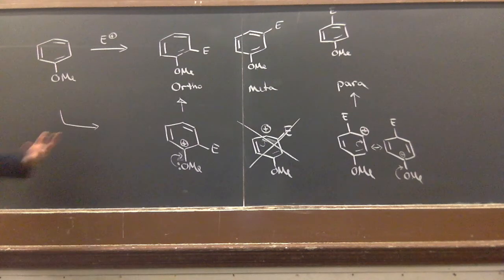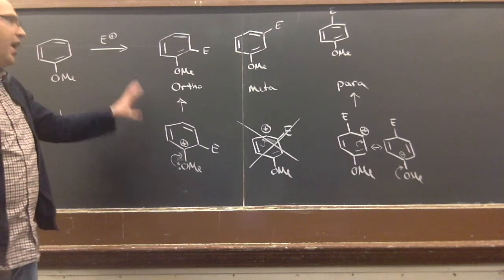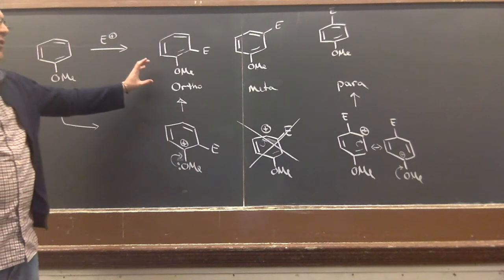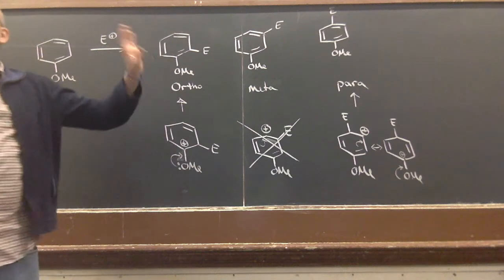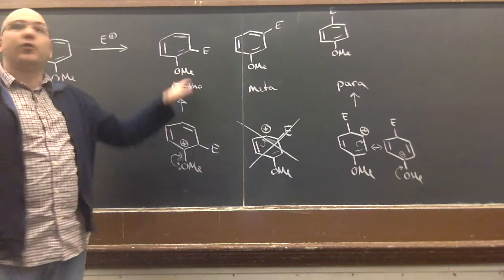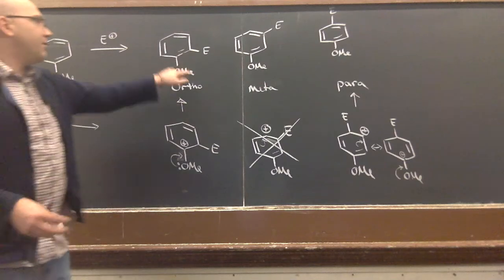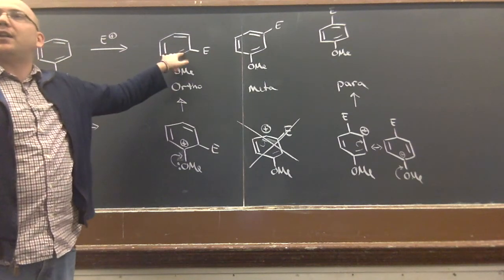Okay, so if you were to run this reaction, we're not necessarily going to discuss specifics of ratios that you might get, but you'd expect to get some amount of ortho and some amount of para. And based upon other factors, if this methyl group and the R group were really, really big, you might imagine, based upon sterics, it's probably not going to go at that position.